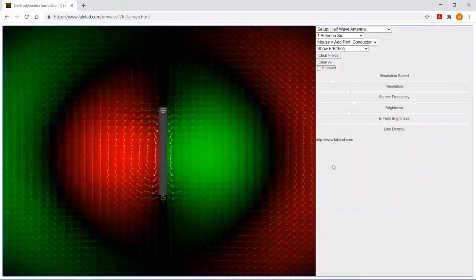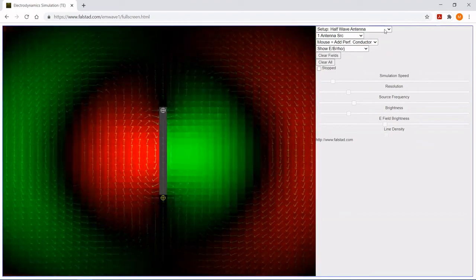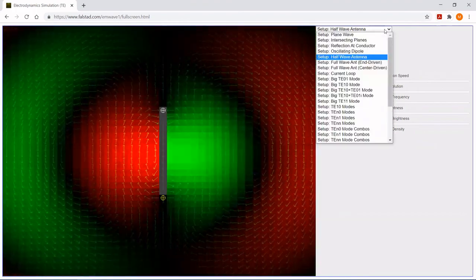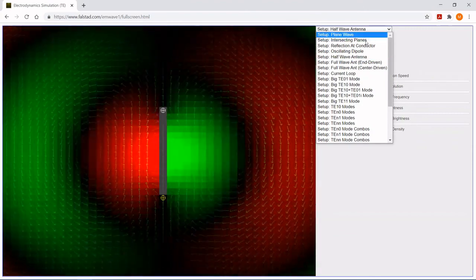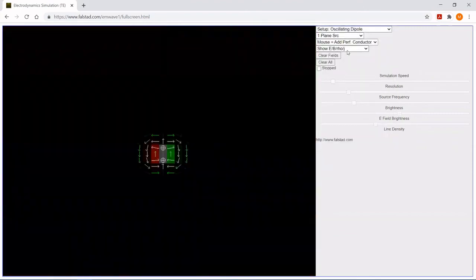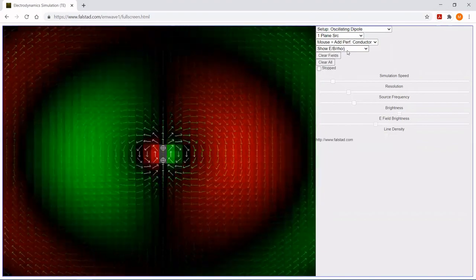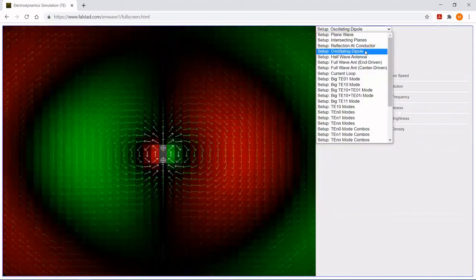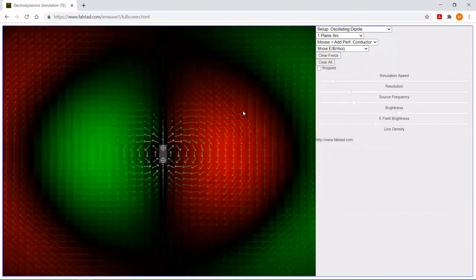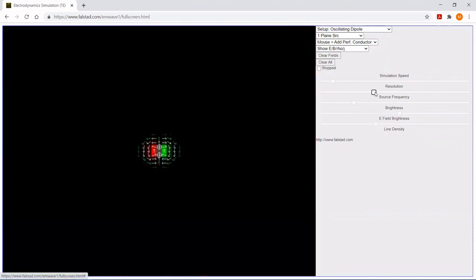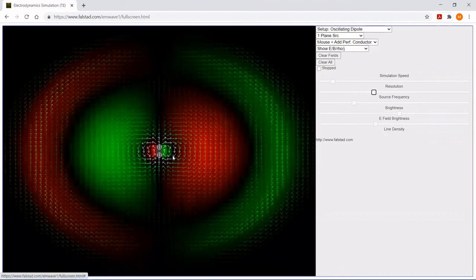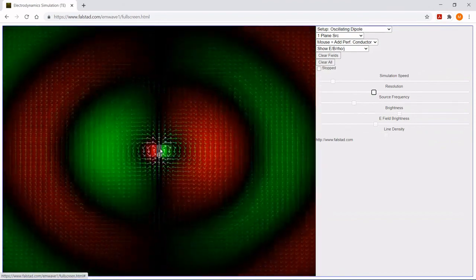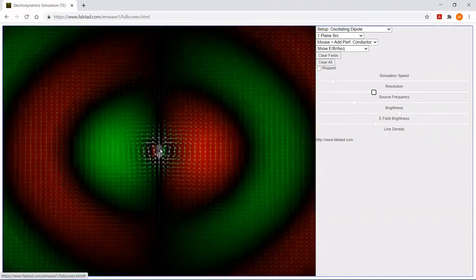Well, it's not the Ripple Tank, but it is the Falstad site. This is one of the electromagnetic waves applets, and I will go with the oscillating dipole setting, although the outcome is basically what you saw previously with this half-wave antenna. And let me zoom out a bit. We're looking at those two charges, plus and minus, switching position periodically in time.